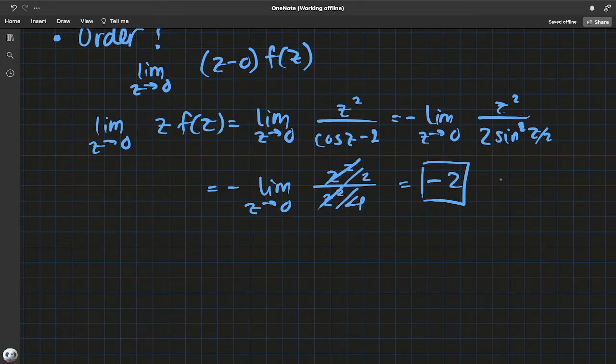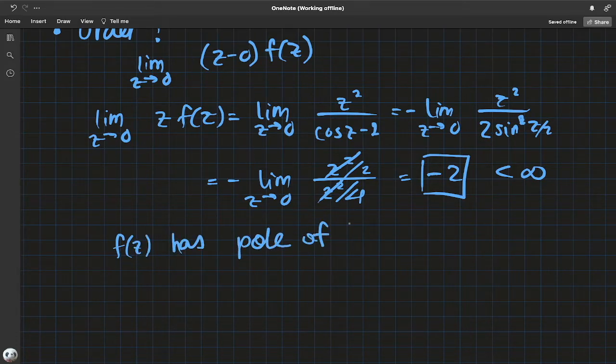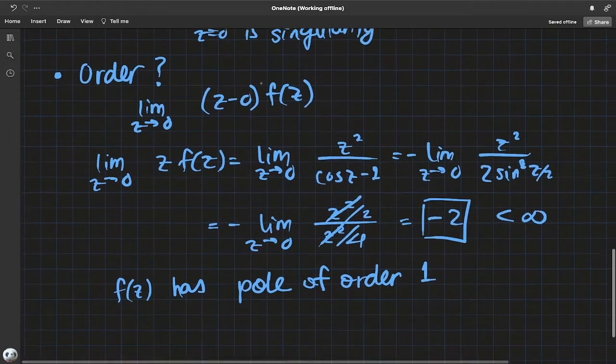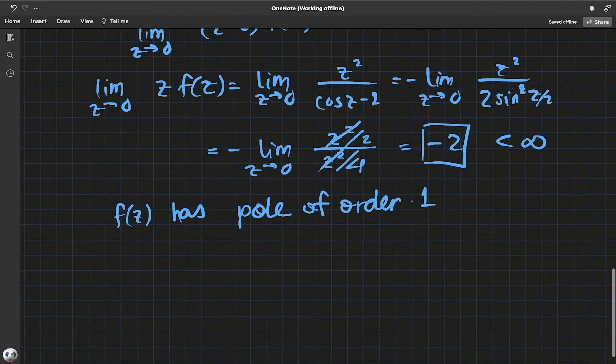So it is finite, which means f of z has a pole of order, well, you said it, 1, because we checked it with 1, so that must be the order of the pole at z equals 0.